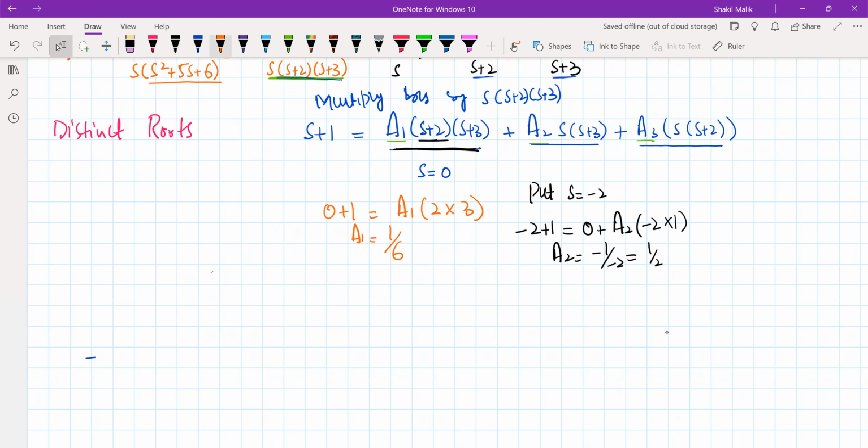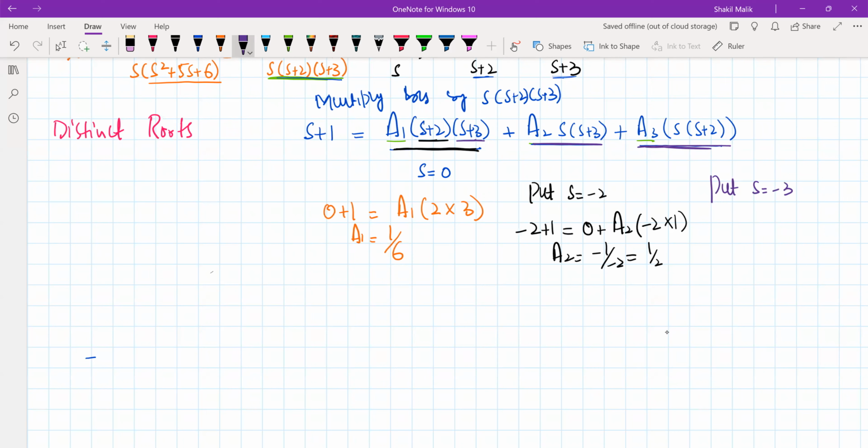Now to find a3, we'll put s equal to minus 3. As you can see, when s is equal to minus 3, this term is 0, this term is 0, right? So we'll be left with this term only here.